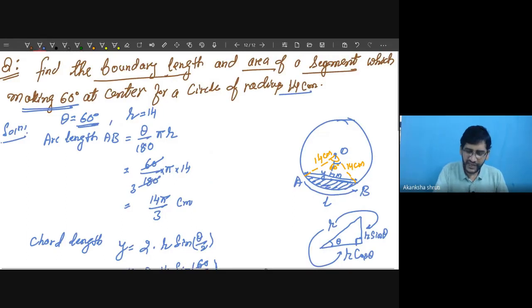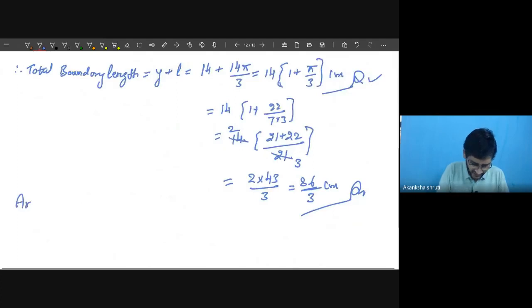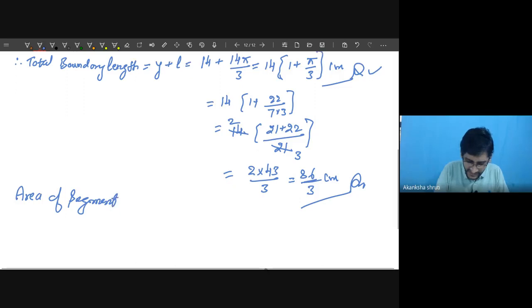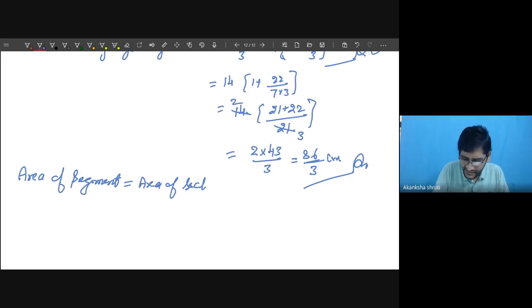Now coming to the area, let us come to the area. So for this area, very first calculate the area of the segment, which is equal to area of sector minus area of triangle.